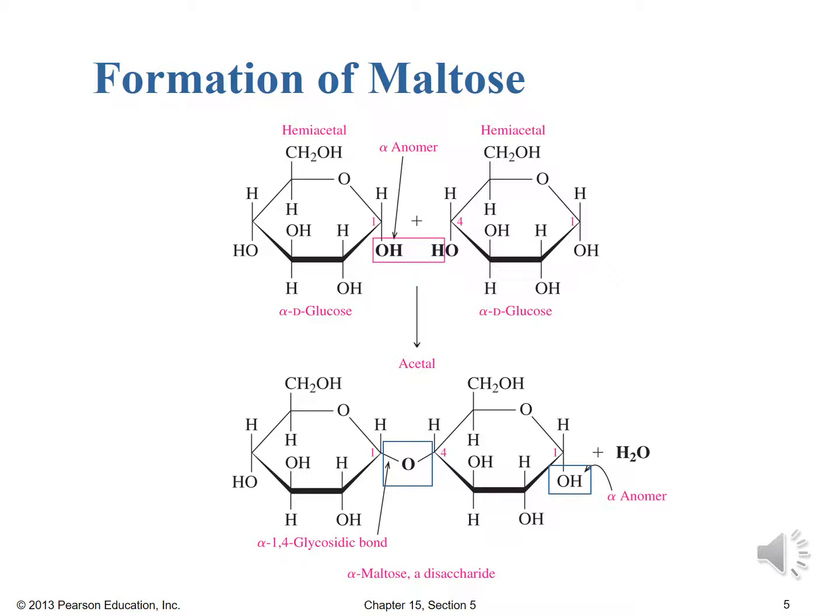And of course, we also still have the alpha anomer in the carbon number 1 of the right side alpha D-glucose. So this is actually alpha maltose, which is again a disaccharide.